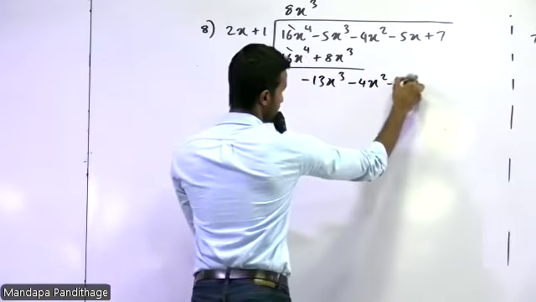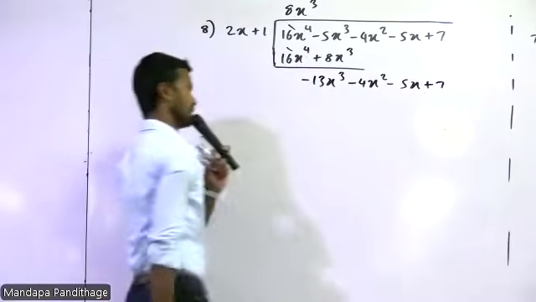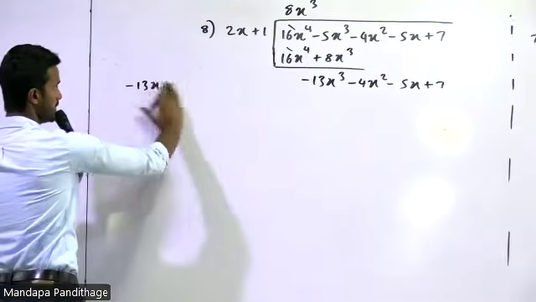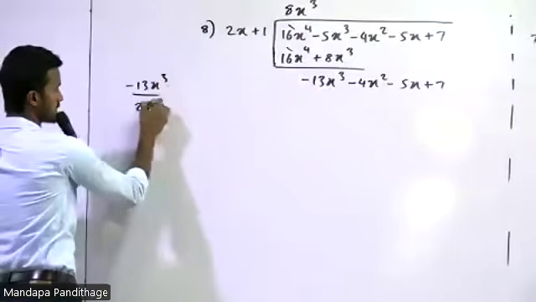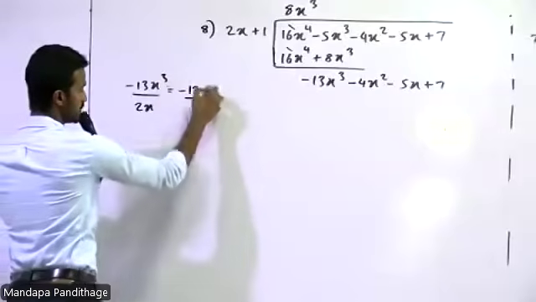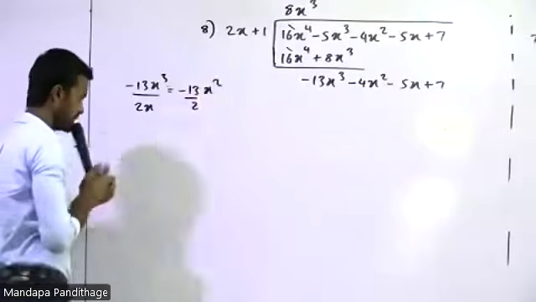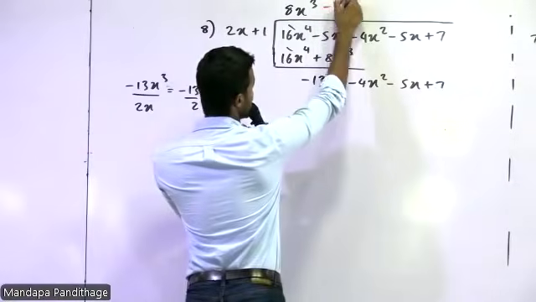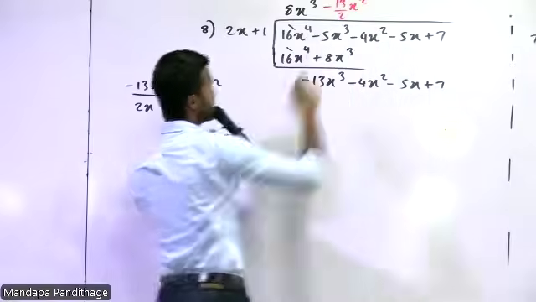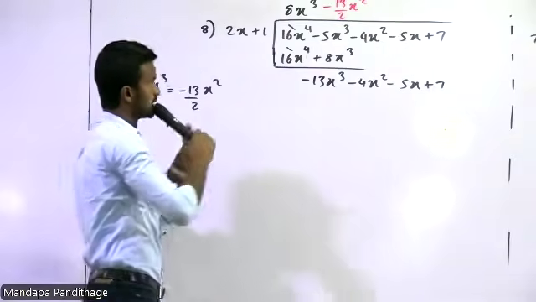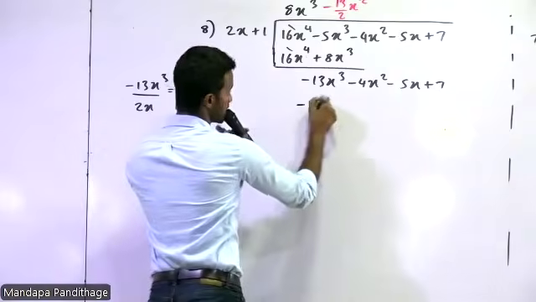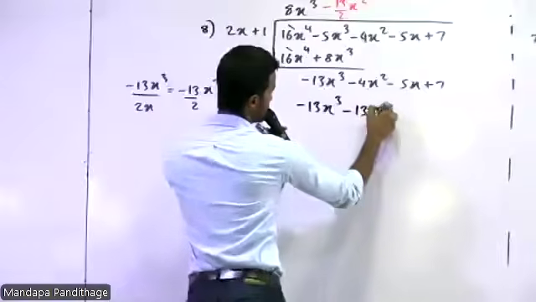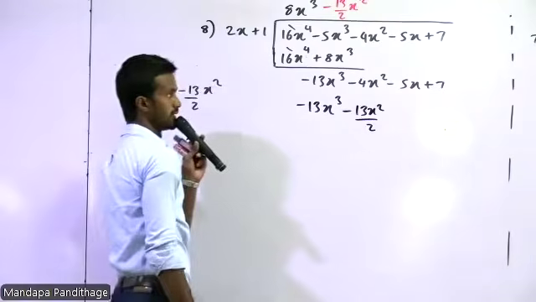Now you have to divide minus 13x cube by 2x, which gives you minus 13 over 2 x squared. So here you get a fractional coefficient. When you multiply it, you get minus 13x cube minus 13x squared over 2. So this is what you get.